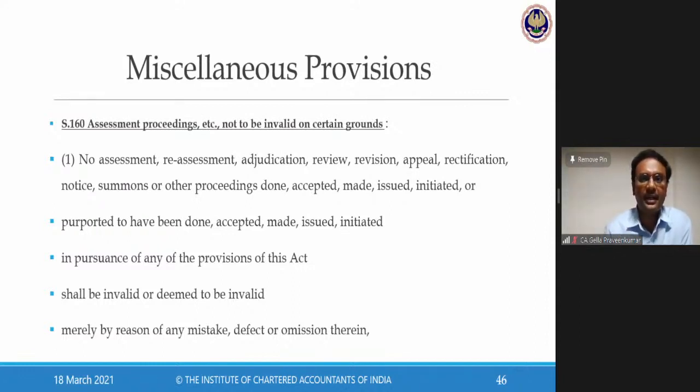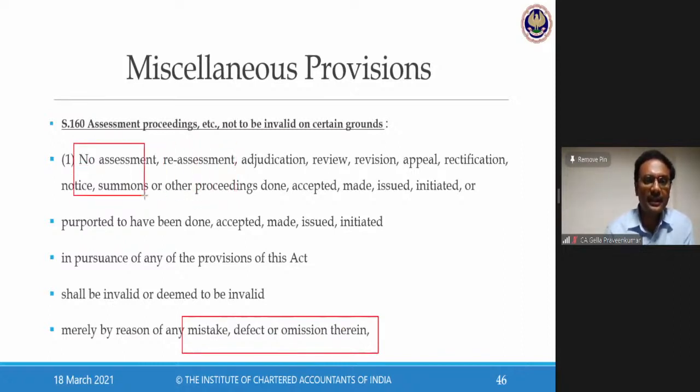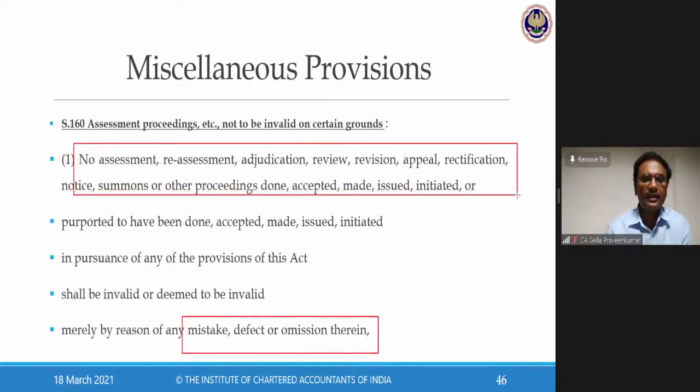I repeat. These provisions say that if there is a small mistake or defect or omission in any of these aspects, this process cannot be set aside.